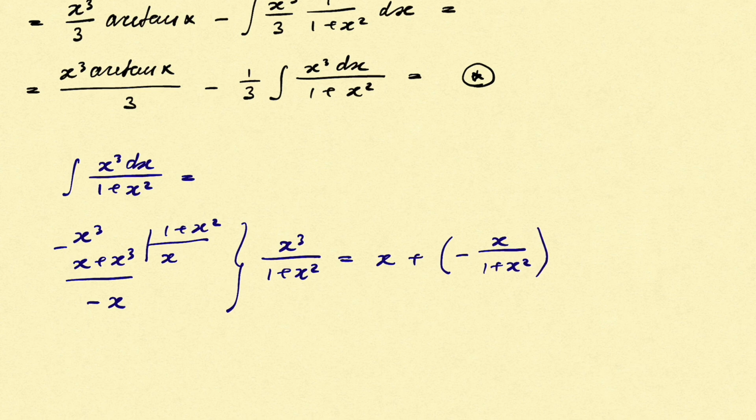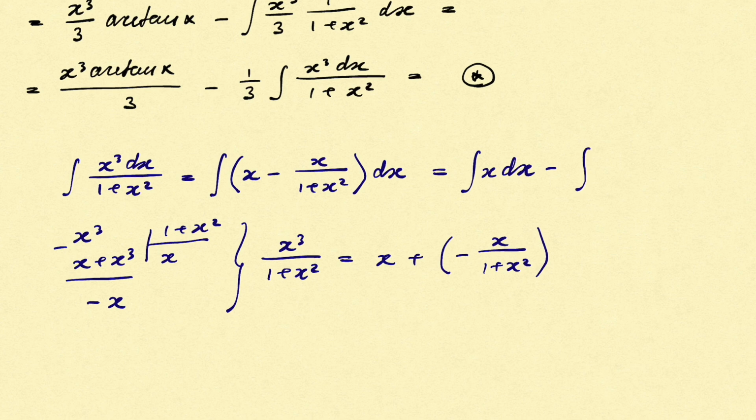I hope there is no problem in long division, so I won't get into details of this process. Okay, our integral is equal to the integral of x minus x over 1 plus x squared dx. We can write this as x dx minus x dx over 1 plus x squared.